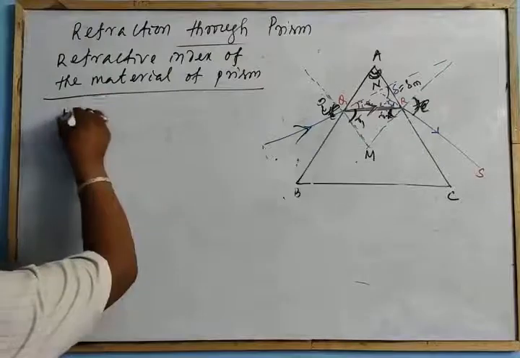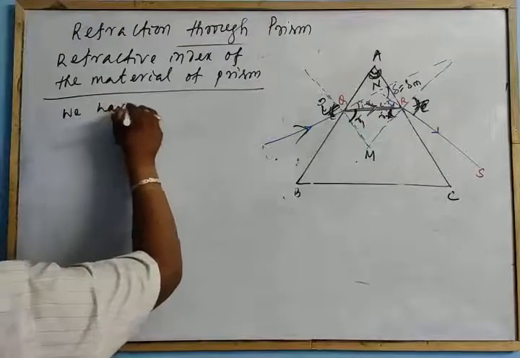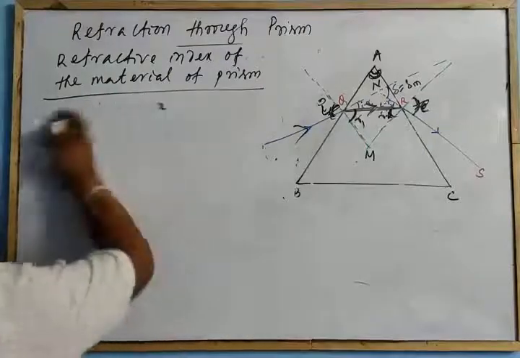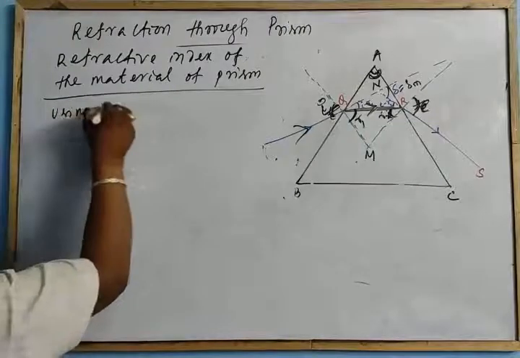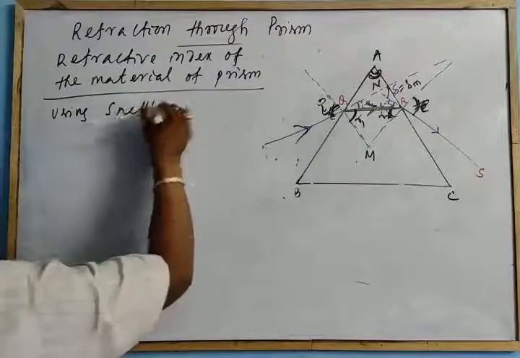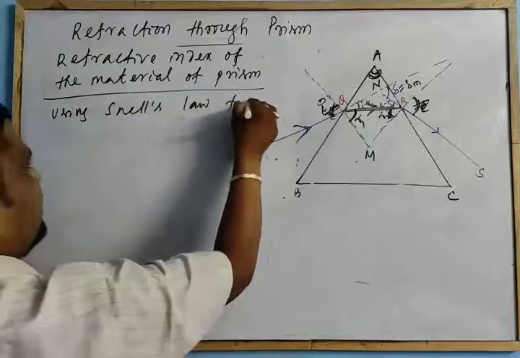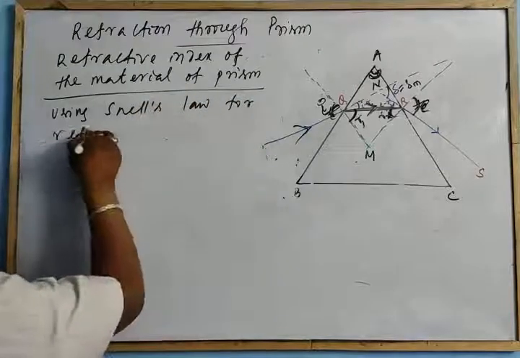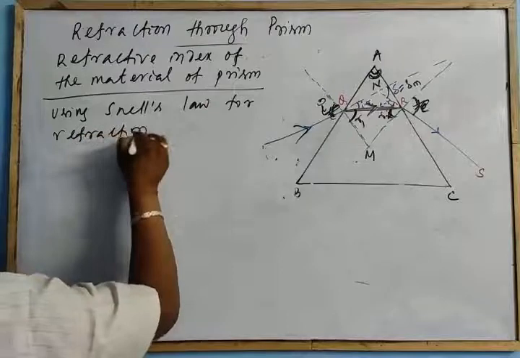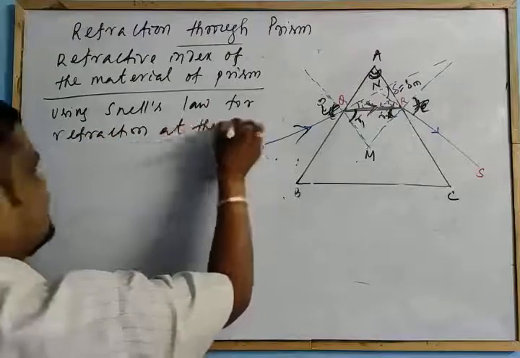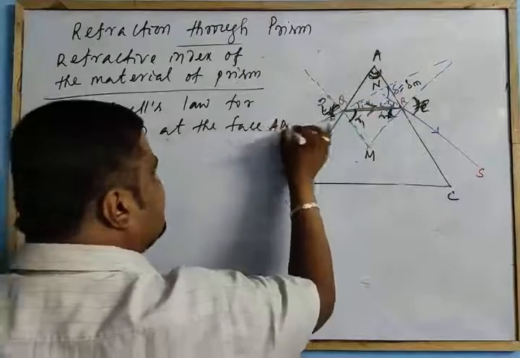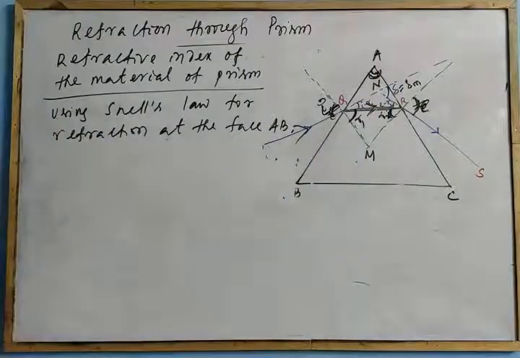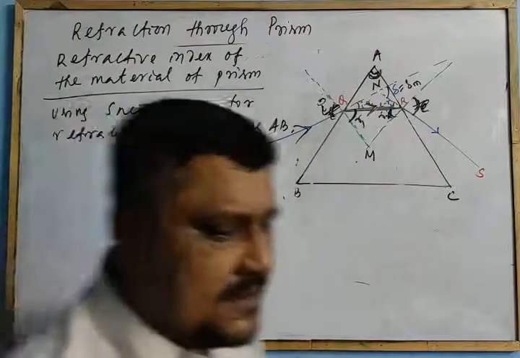So we have, using Snell's law for refraction at the face AB. What does Snell's law give you?